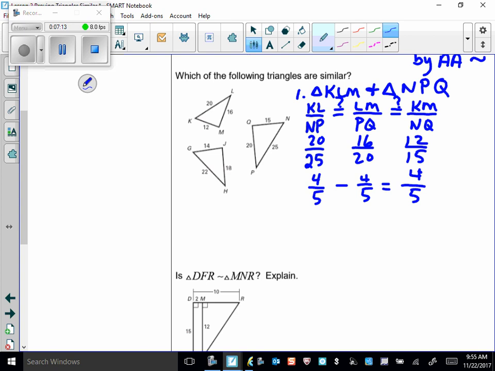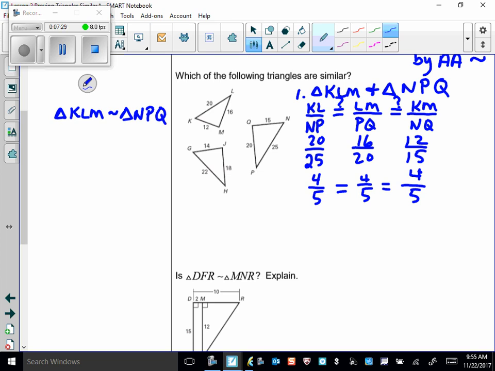So yes, all those are equal. So I know that triangle KLM is similar to triangle NPQ. Okay, and that's what you're going to have to do for the other sets.